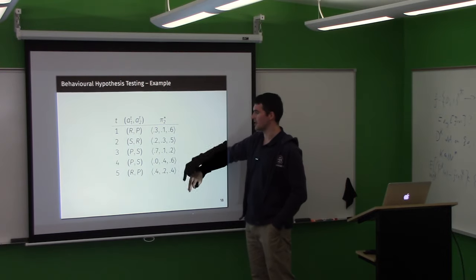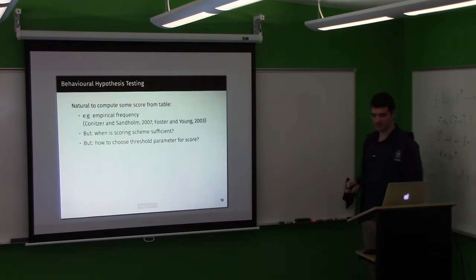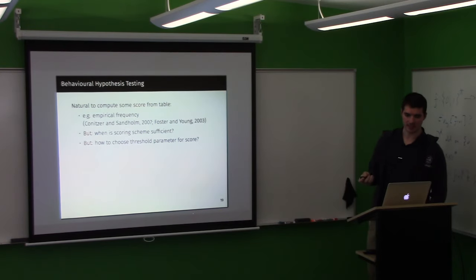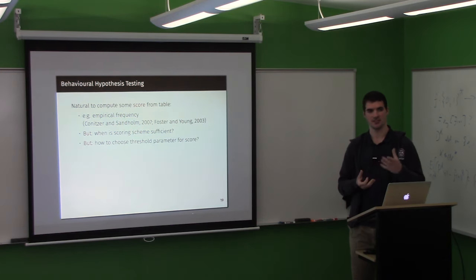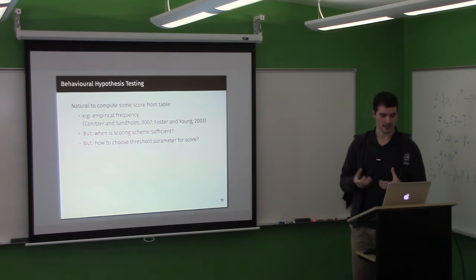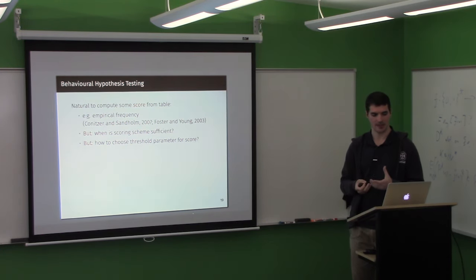And so you can't just take the average of your predictions. And then the second issue is, once you have a scoring scheme, then you will have to find some threshold parameter beyond which you decide to reject or not reject. And this would depend highly on the scoring scheme that you choose, but it doesn't necessarily tell you how you should choose the parameter.